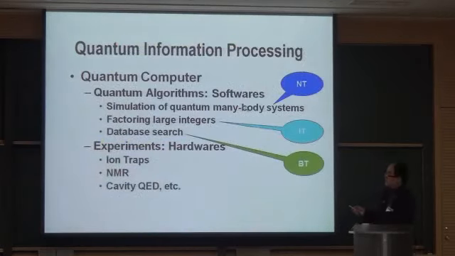So in quantum information processing, in algorithms, we have a simulation of quantum many-body systems and the factoring of large integers that might have applications in information technology, and also database search that might be used for biotechnology.